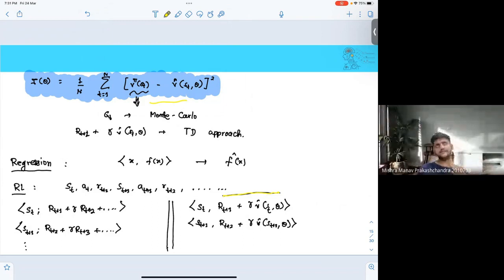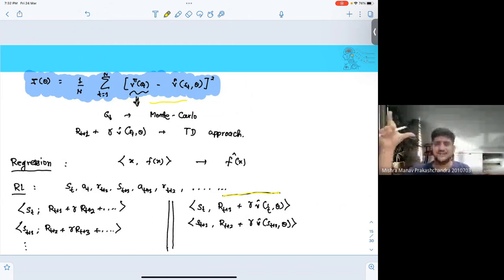And that means in essence, I am always chasing a moving target. Okay, the target is non-stationary. It's like I'm shooting at a target, or trying to reach closer to a target, that is also moving in itself. So this kind of method introduces a lot of variance whenever we are training on this kind of data.